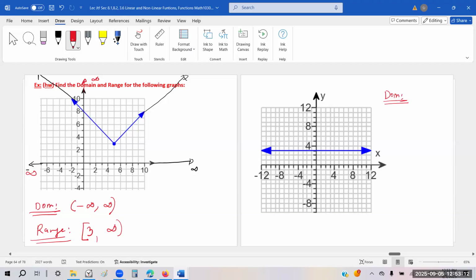X value 3 is here. X value 0 is here. X value negative 4 is here. X value negative 8 is here. X value negative 12 is here. So since the line is going on forever, there is no smallest X value.